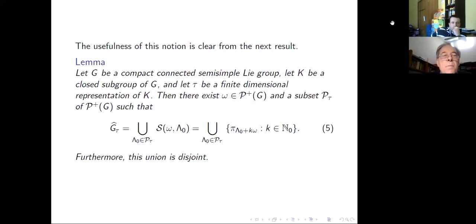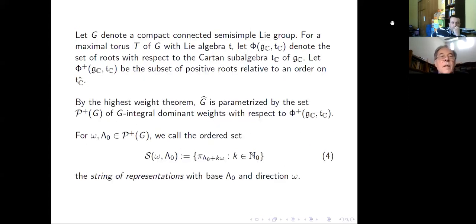We take phi plus, the subset of positive roots relative to an order on KC. And then the highest weight theorem allows us to parameterize G hat by the set P plus of G-integral dominant weights with respect to phi plus.